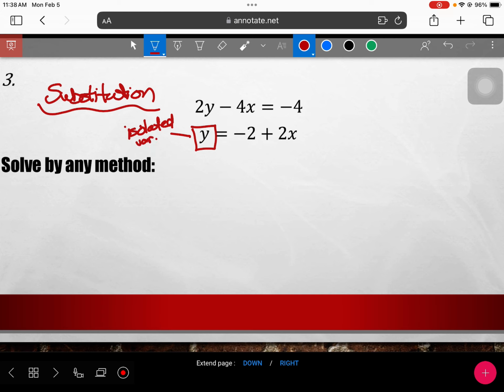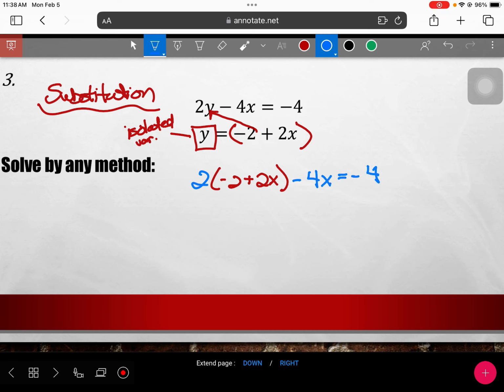Okay? So if y is -2 plus 2x, we're going to substitute that in place of the y in the other equation and say 2 times that y value, -2 plus 2x, minus 4x equals -4.